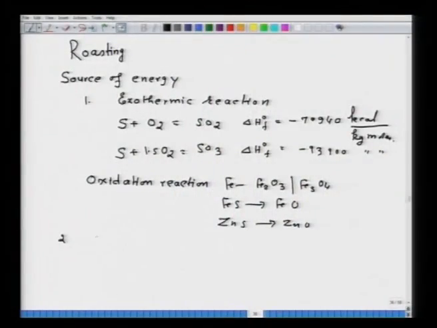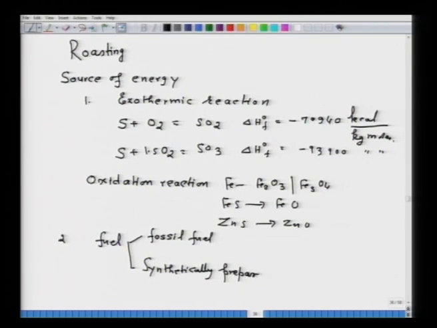Another source is the fuel. Here one has fossil fuel and synthetically prepared fuel.